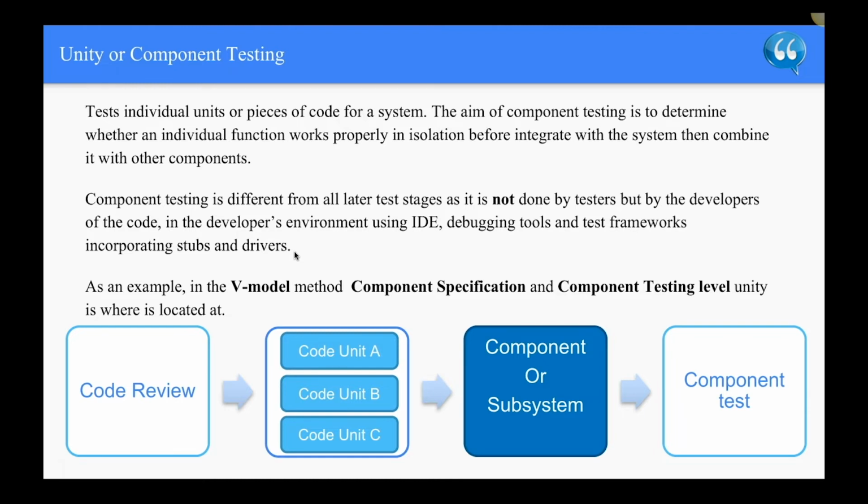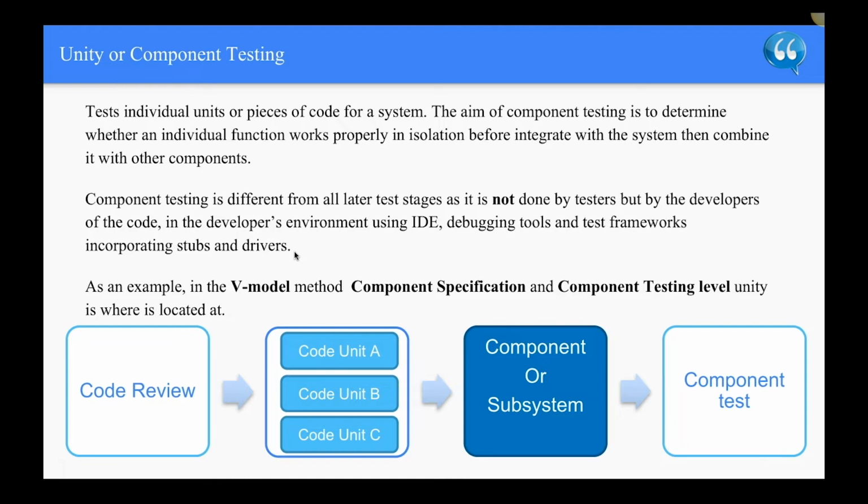Component testing is different from all later test stages as it is not done by testers but by the developers of the code, in the developer's environment, using an IDE like IntelliJ, debugging tools and test frameworks incorporating stubs and drivers.